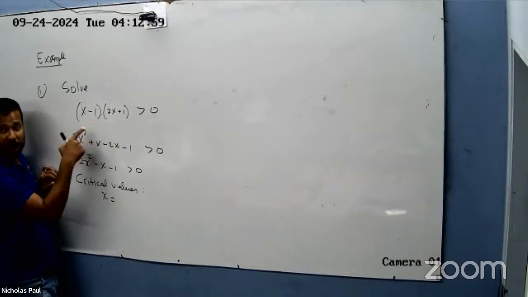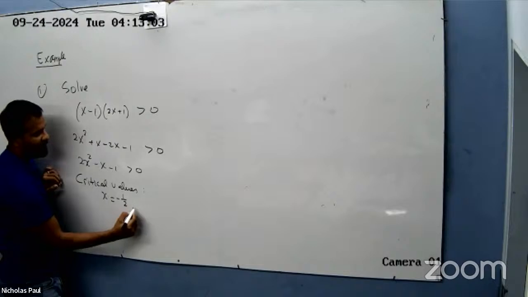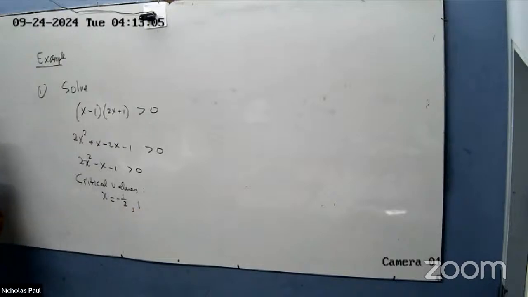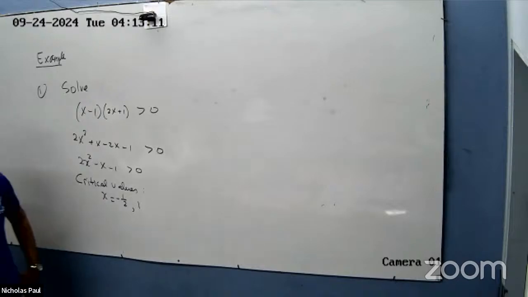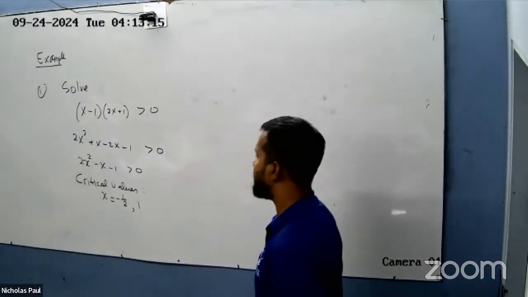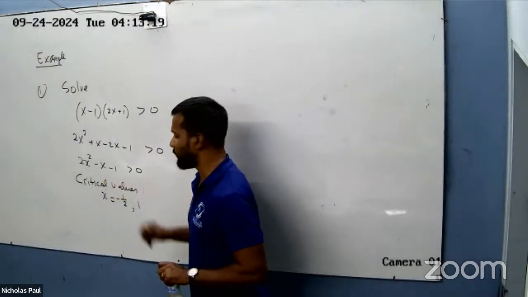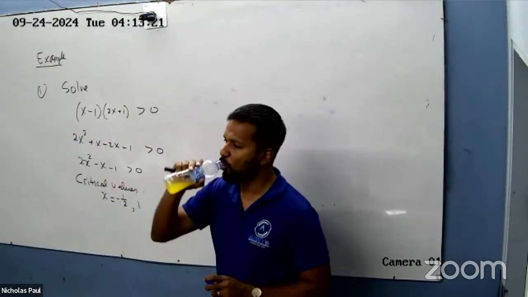Children, you remember this? You sure? So it's minus a half. Go to polynomial, degree 2, and solve it quickly. So you're solving this equal to 0. Forget the inequality sign.